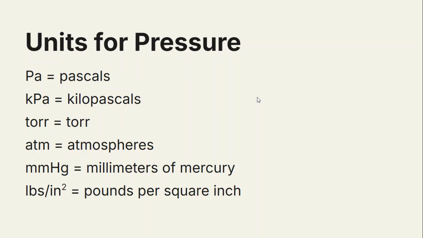That one's also fairly popular to use. And then pounds per square inch, that would be one that's a little more popular, especially in America when we use pounds and inches. But the most popular ones are probably going to be kilopascals, atmospheres, millimeters of mercury in chemistry. As you get into AP, torr will become more popular. We typically don't measure pressure in just pascals. We measure it in kilopascals.